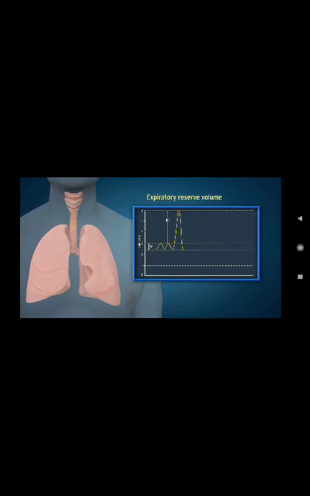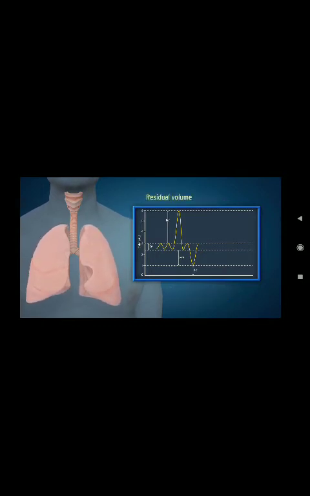Expiratory reserve volume. It is the maximum volume of air that can be exhaled after the tidal expiration. In a normal adult male, it is about 1100 milliliters, and in female, about 800 milliliters.